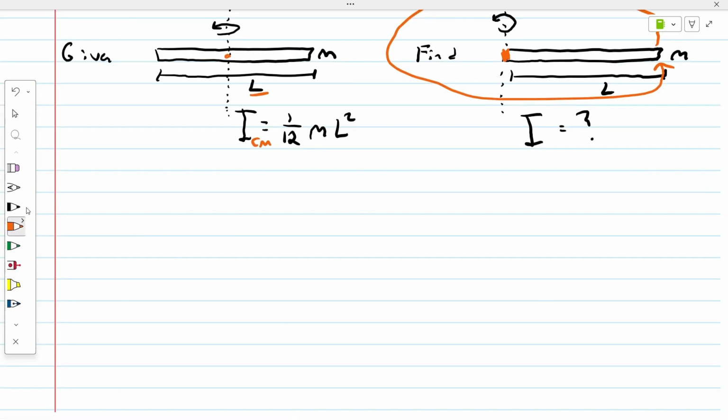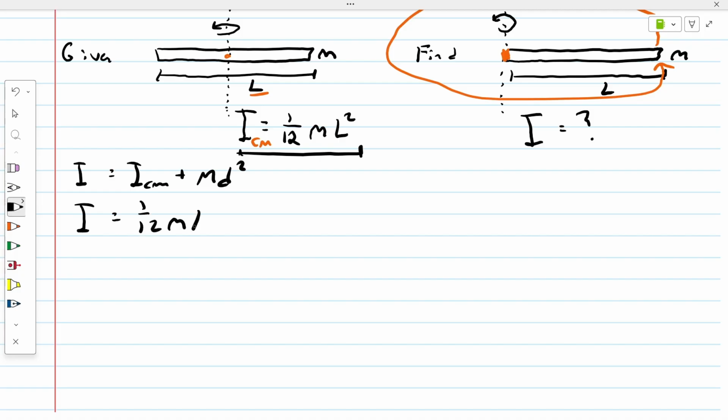Okay, so we know that this I that we want to find equals the I center of mass plus this md squared. Okay, so what do these equal? Right, so we know I center of mass, this is the given center of mass that they gave us. So it's 1/12 ml squared. Now this big M is just the mass of the rod, so we can just plug in m, since we said it's a rod of mass m.